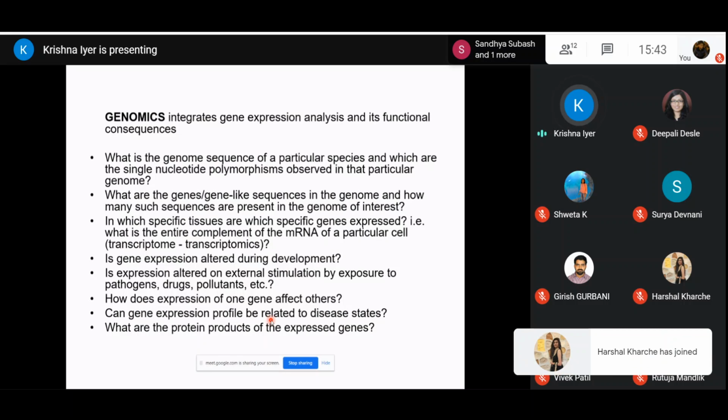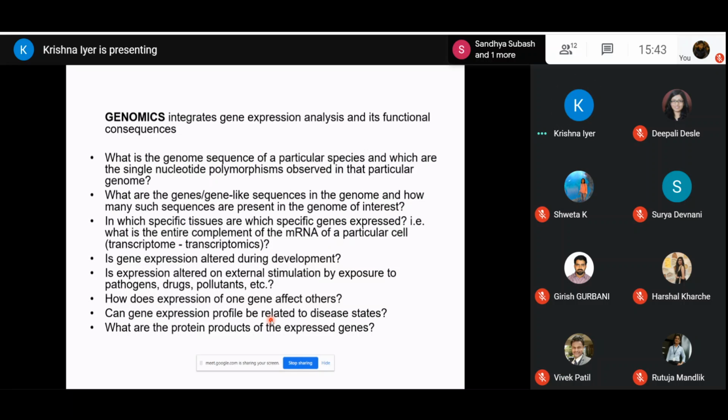So some of the questions genomics is trying to answer are: what is the genome sequence of a particular species, and which polymorphisms are observed in different members of the same species, which make each member different from the other? Where are the gene or gene-like sequences in the genome, and how many such sequences are present? That means, for a given genome of an organism, how many genes does it have, and in which specific tissues are which genes expressed?